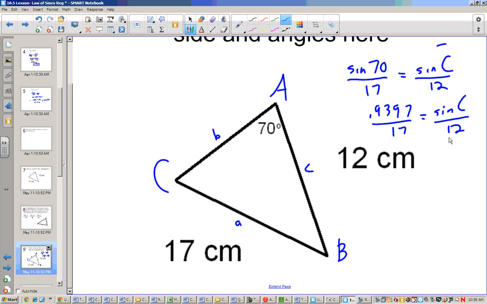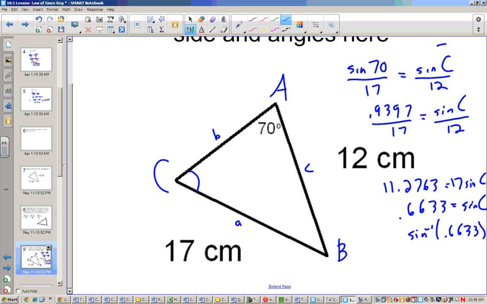If we multiply this times 12, I get 11.2763 is equal to 17 times the sine of C. So we'll have to divide by 17 to get 0.6633 is equal to the sine of our angle. Now to find this angle, C, I have to take the inverse sine of 0.6633. And if I take the inverse sine of that, this angle C is 41.55, or if I round, 41.6 degrees is that angle.